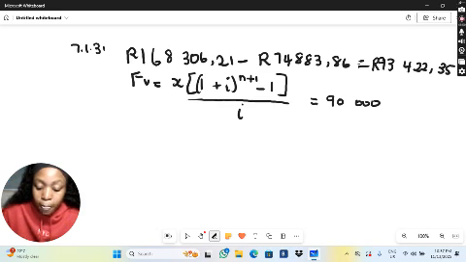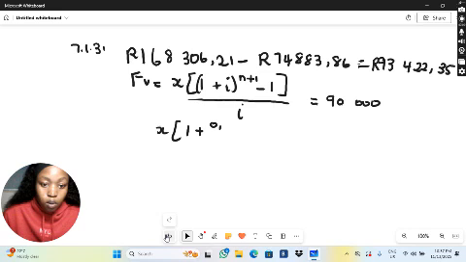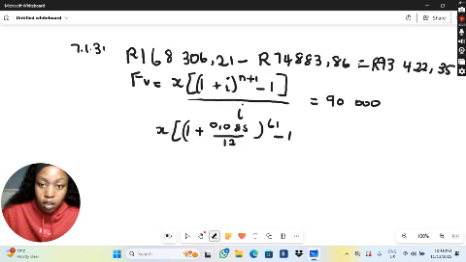So this will be X into 1 plus 0.085 all over 12, because it's compounded monthly, to the power of 61, minus 1, which is equal to 90,000.